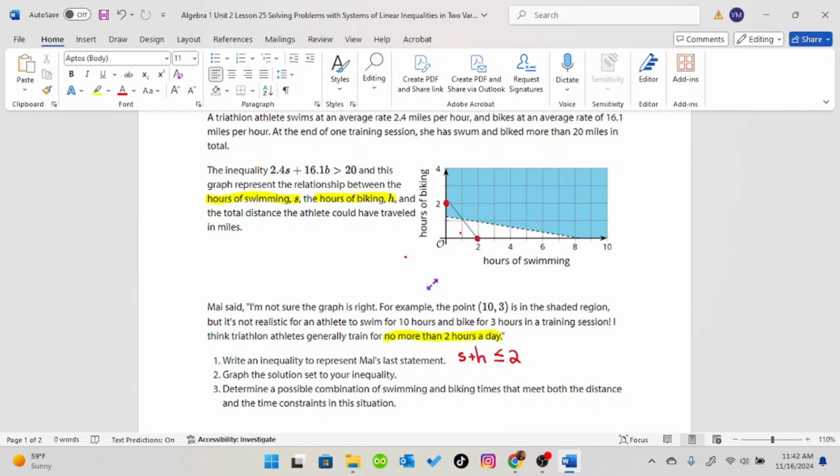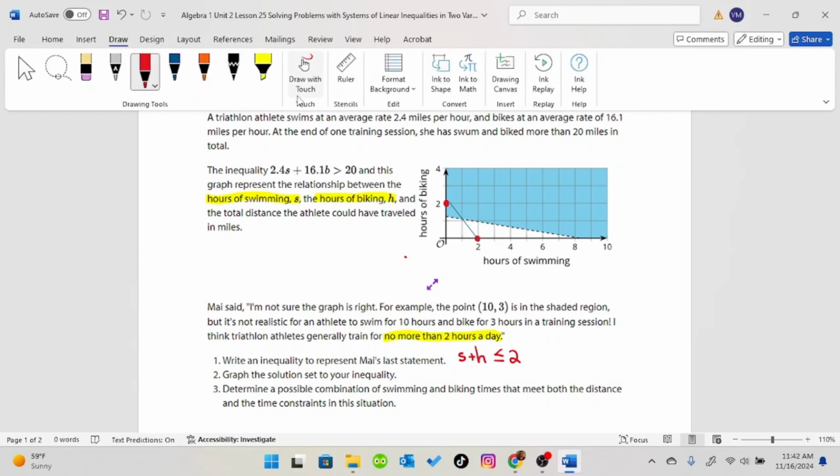And because we know we want it to be less, that means we would shade in everything below this line.